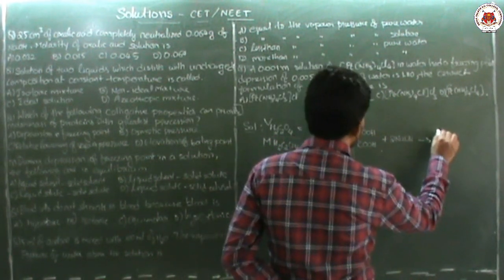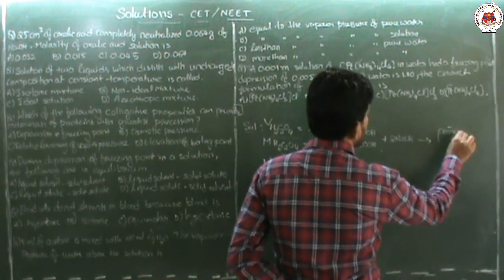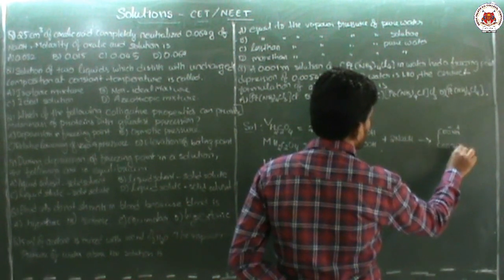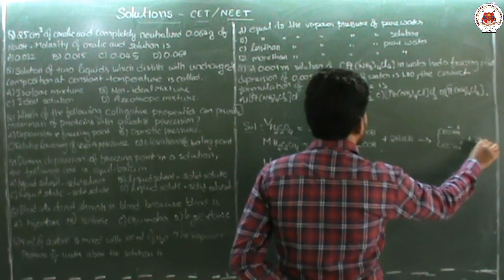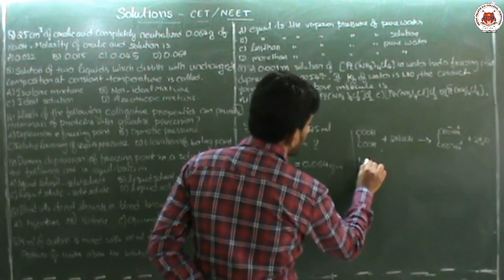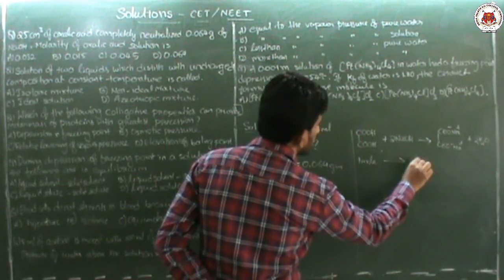So you get 1 mole of sodium oxalate salt plus 2 moles water. That means one mole of oxalic acid for neutralization requires 2 moles NaOH.